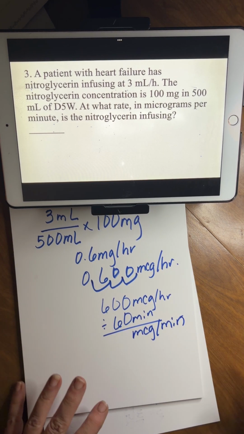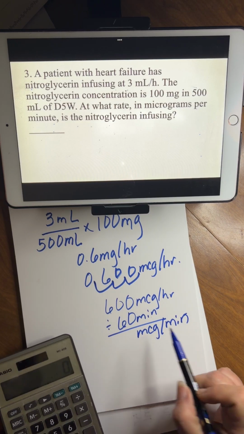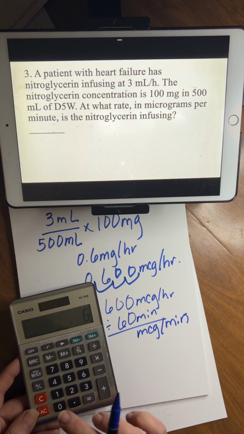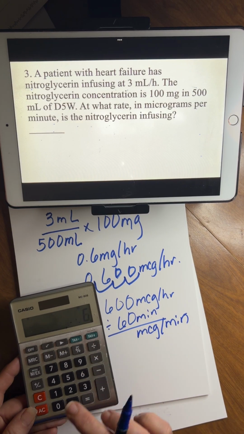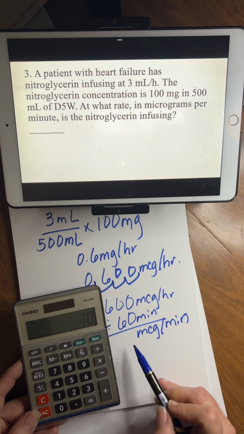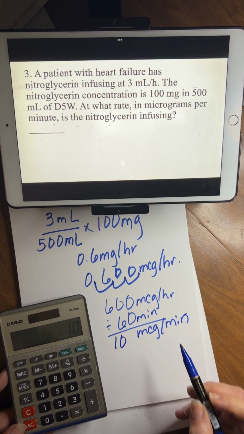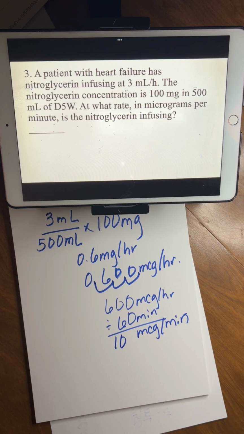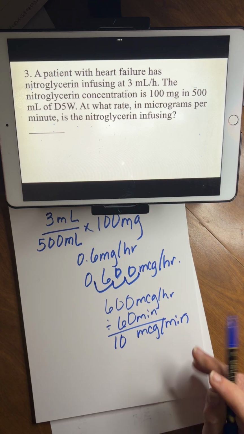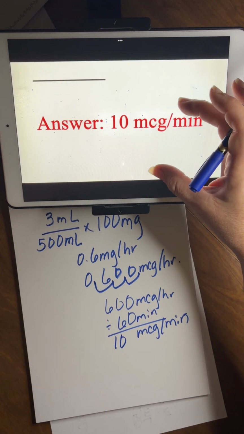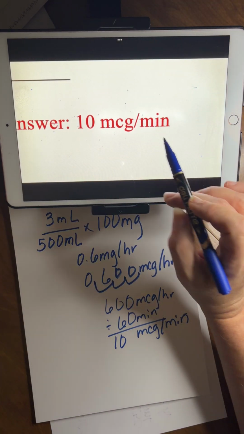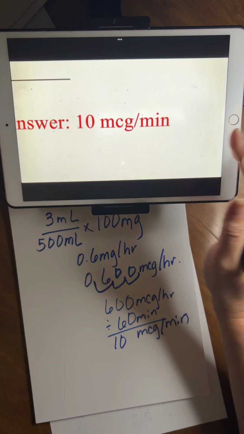Open your eyes. Okay, so let's do this. 600 divided by 60 equals 10. It's 10 micrograms per minute. Look, we sure did save him. You see it right here in front of everybody. Yeah, we did.